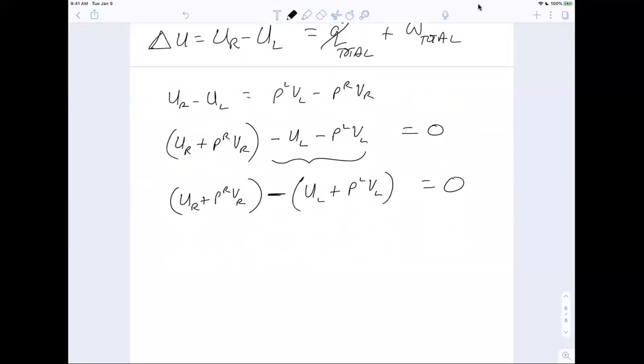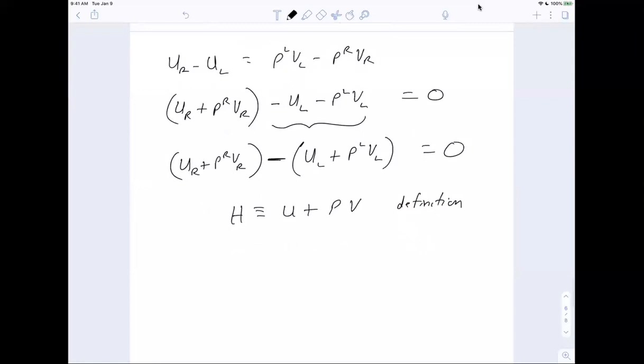Okay, everyone follow? But you know that we defined enthalpy as U plus PV. That was how we defined enthalpy. This is a definition. So what we have here are two terms with U plus PV. In the first parentheses, we have U plus PV for the right-hand side, which is the final state.